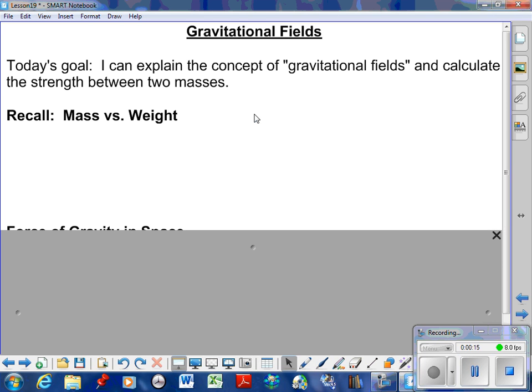First thing, as a reminder, is the difference between mass and weight. These are the two words I said. They're used interchangeably in society, and they shouldn't be, because there are two differences here.